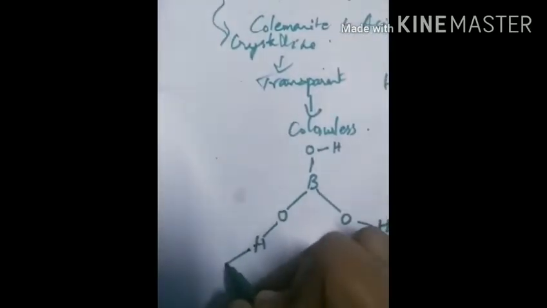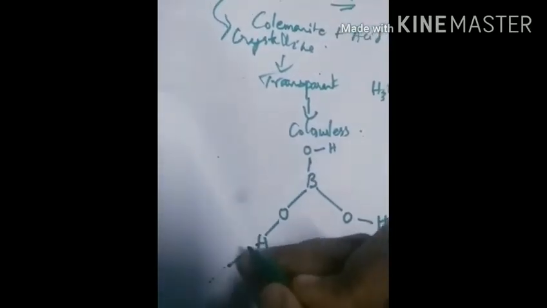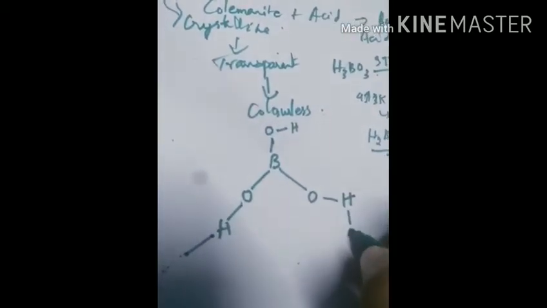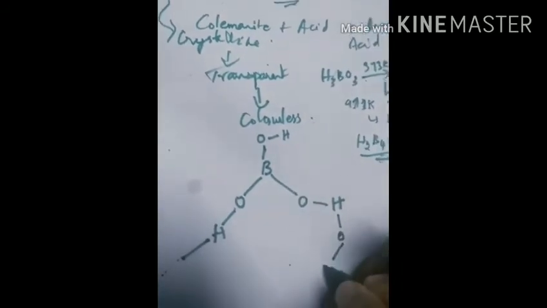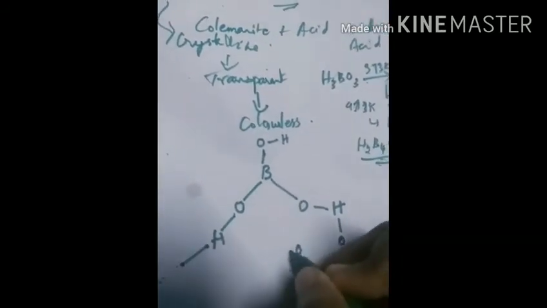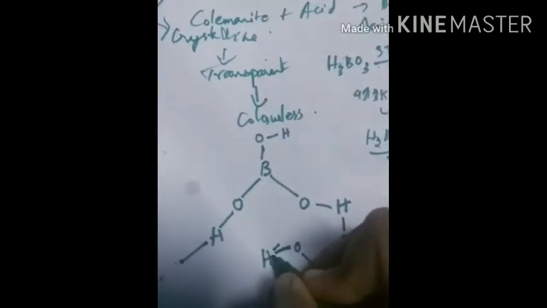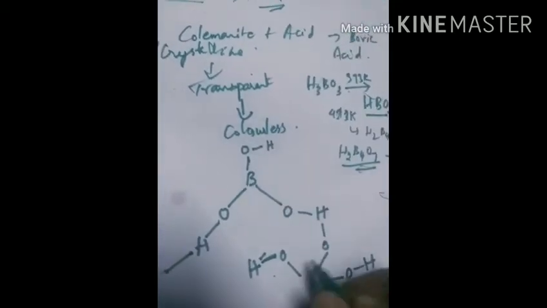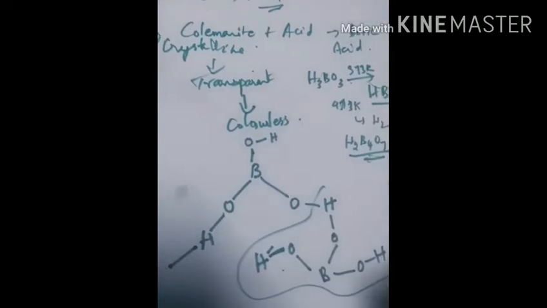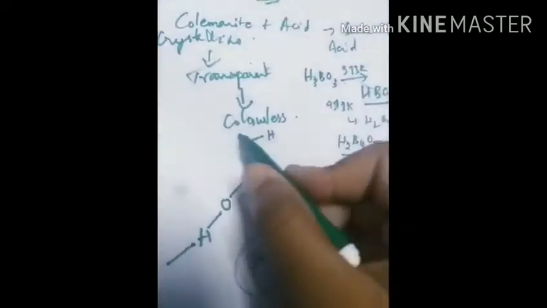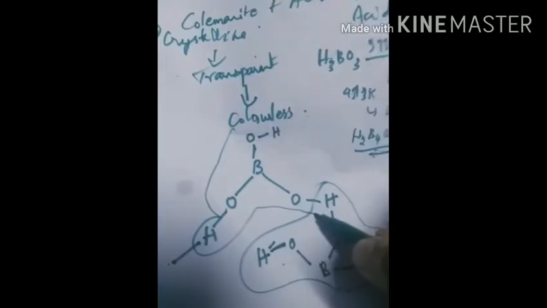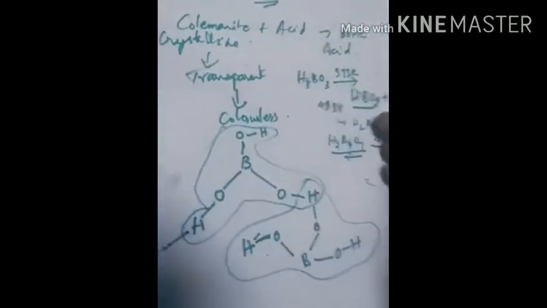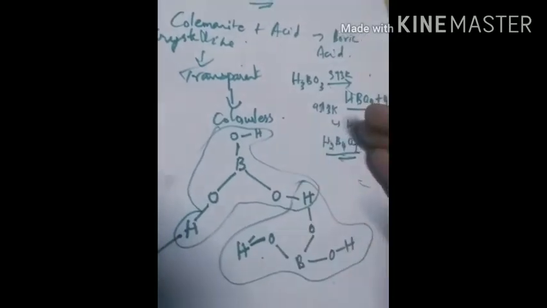So the structure goes on like this. I can connect to another oxygen and again boron, and put a bond with another hydrogen. So this is H3BO3. This is how a boric acid structure actually exists.